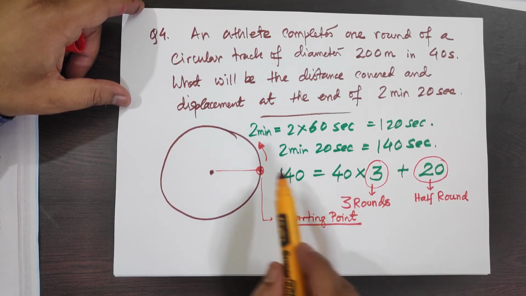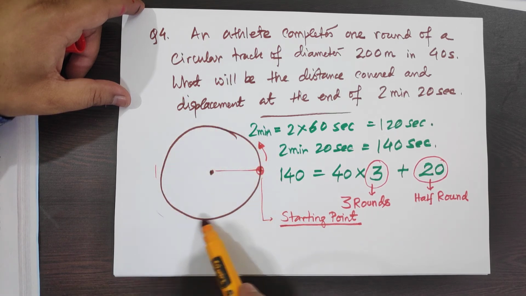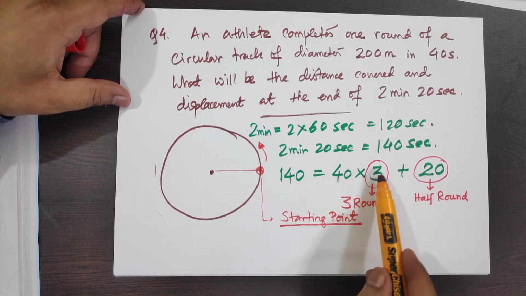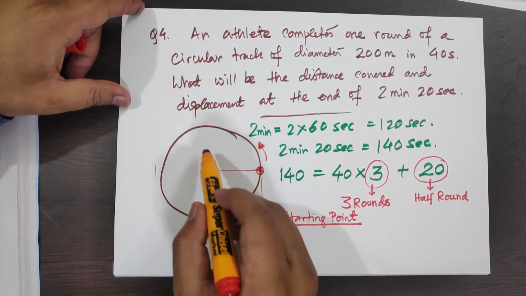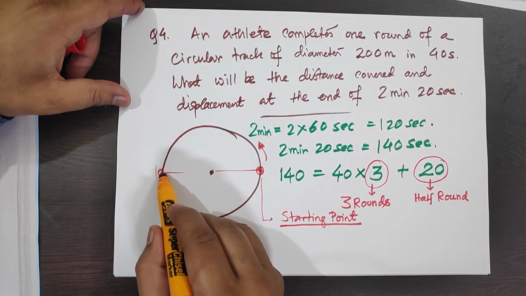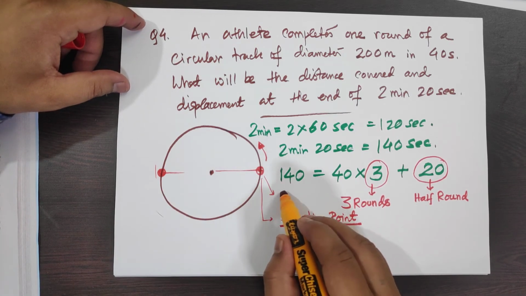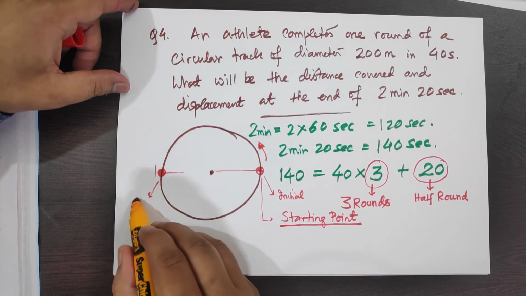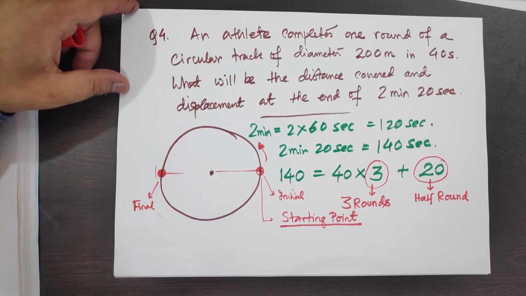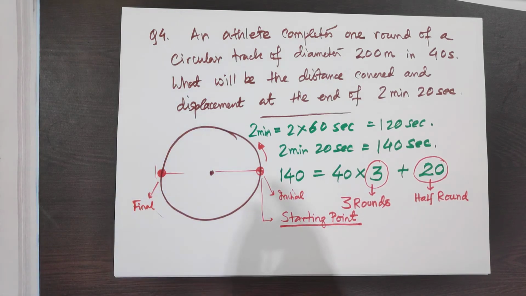See, it makes 3 rounds, 1 2 3, 40 into 3 is 120 seconds, plus 20, that means here. So this is the initial position and that is the final position. What is the distance and displacement?